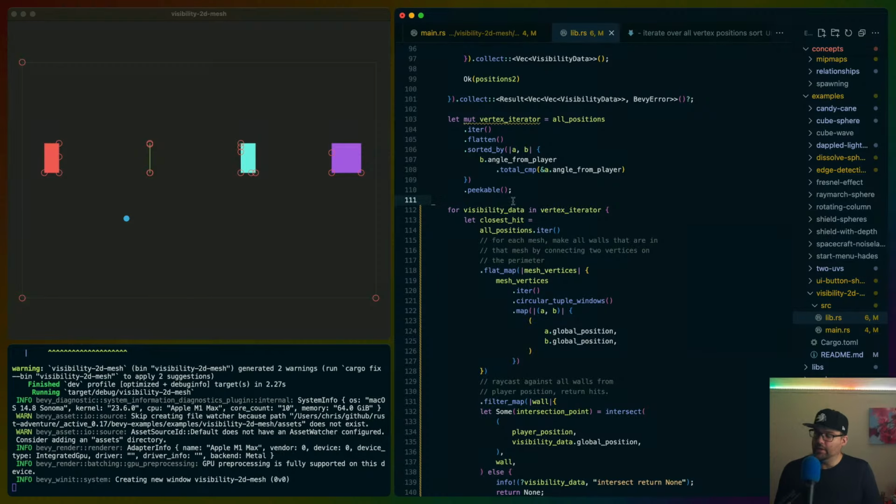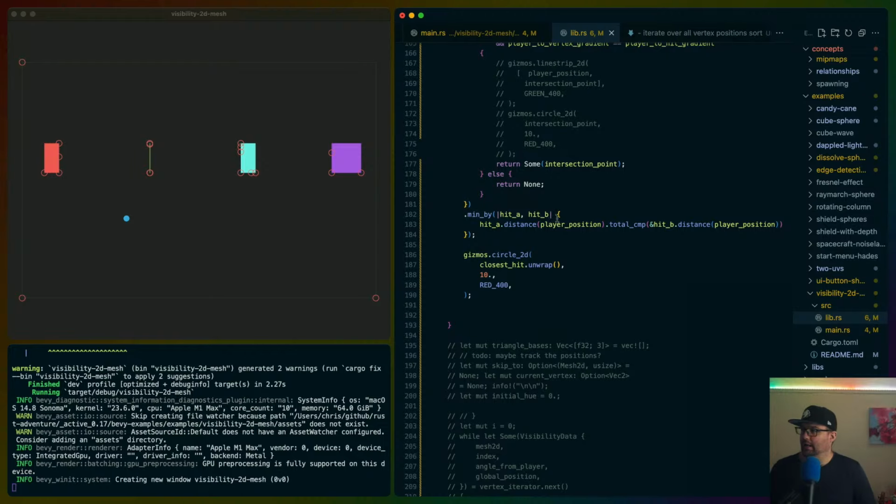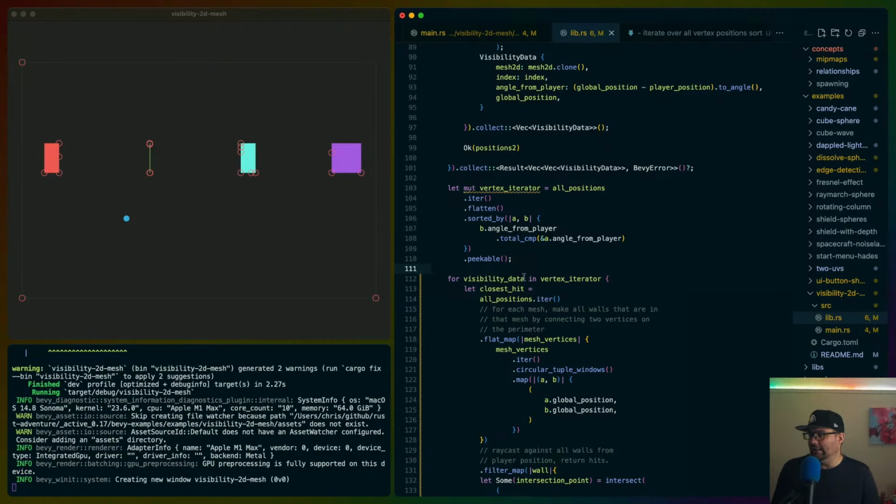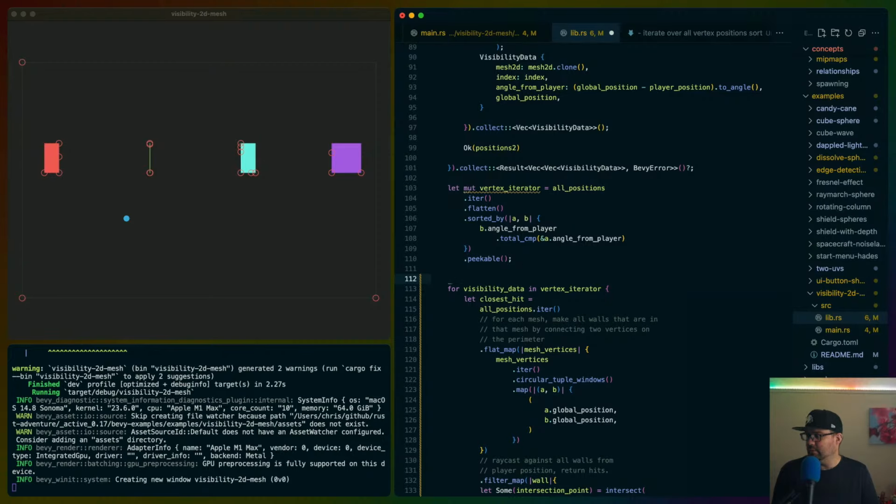I don't know that we need to turn this into another iterator. I like iterators, but I know that a lot of other people have a hard time reading nested iterators. So let's make, what, a vec of hits and then window over it.